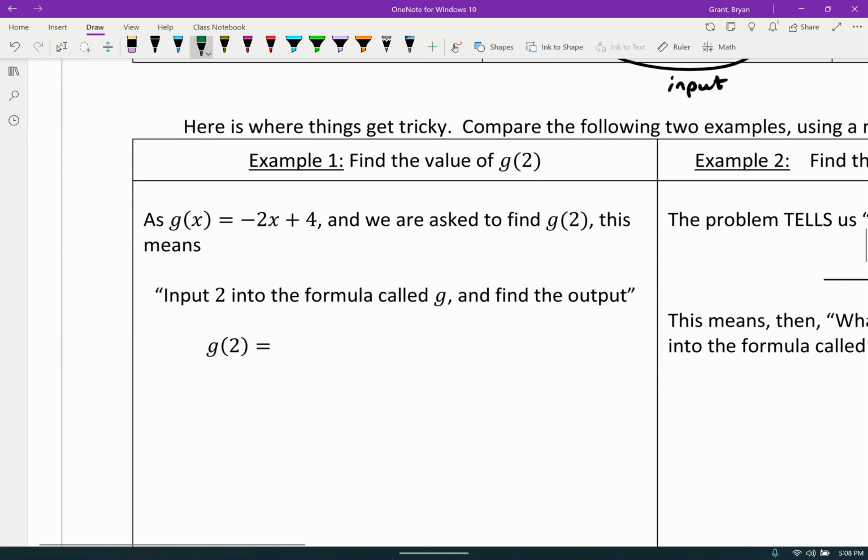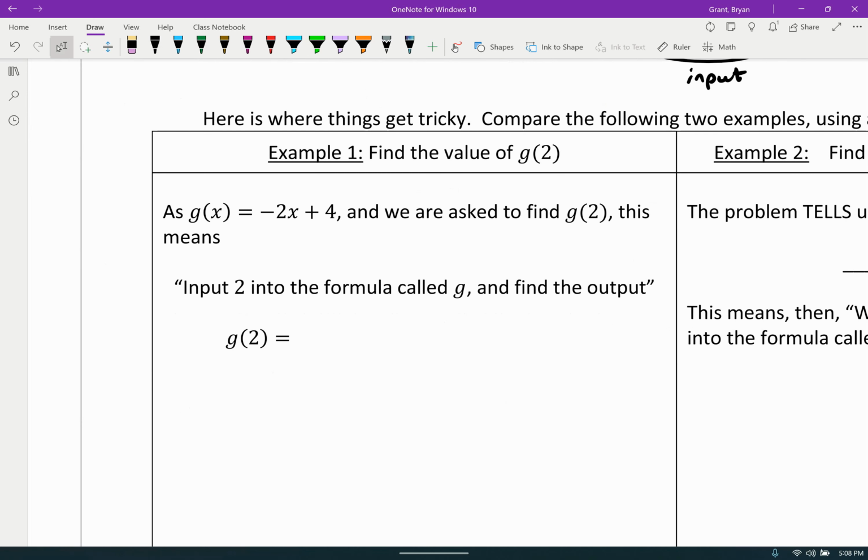Okay? So example 1 says find the value of g of 2. If you're asked to find g of 2, then that means, if we take a look at our formula here, that 2 is the input. When we input numbers, we input them in for the x variable unless they tell us something different.